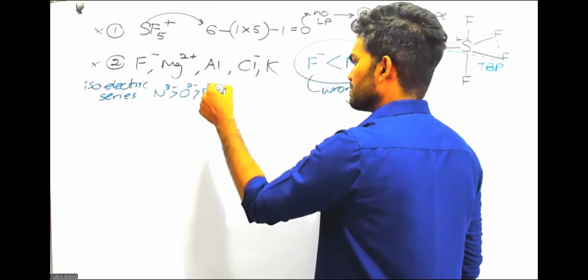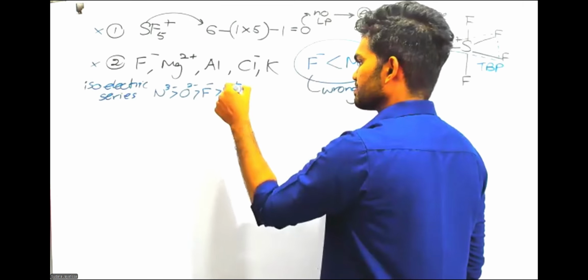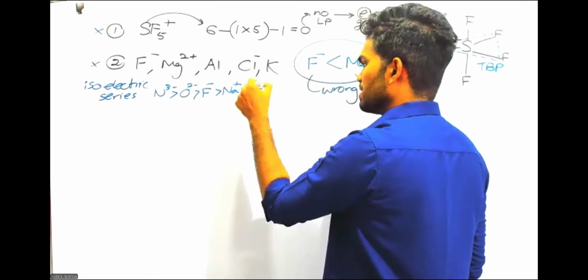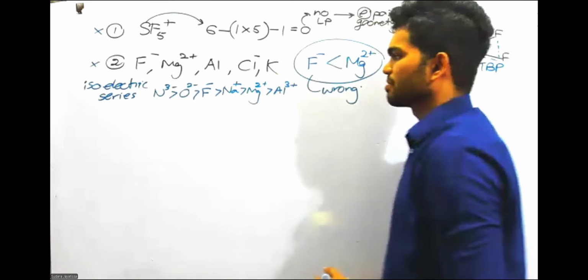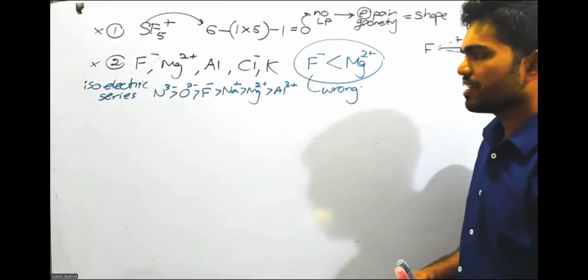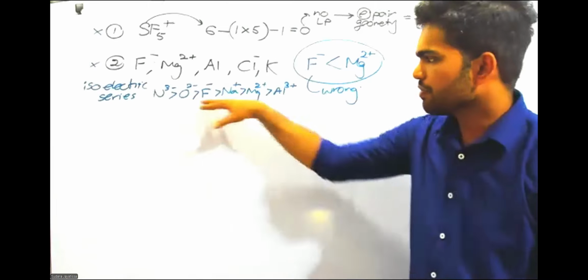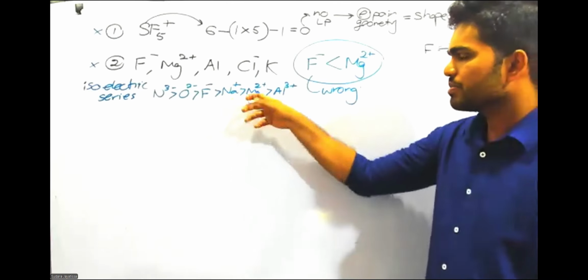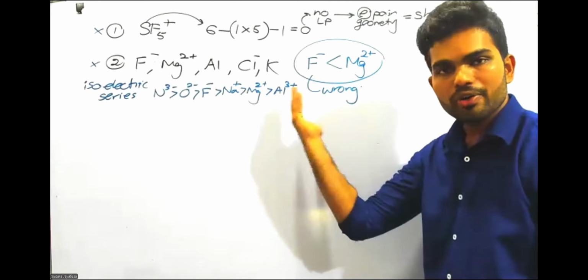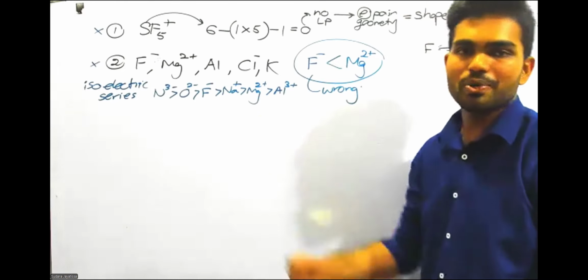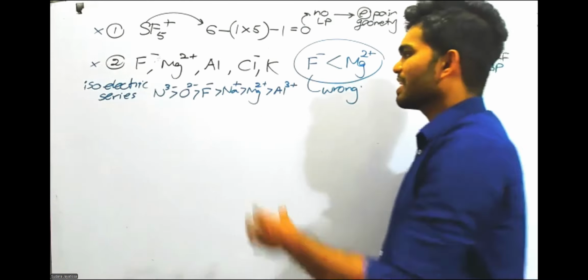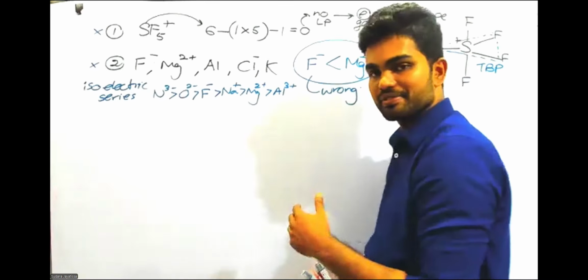Then you have sodium plus, magnesium 2 plus, and aluminium 3 plus is the smallest. Understand? Because they have the same number of electrons, but aluminium, sodium, magnesium have more protons, more nuclear attraction. Therefore, their sizes are going to be smaller than the above period anions.